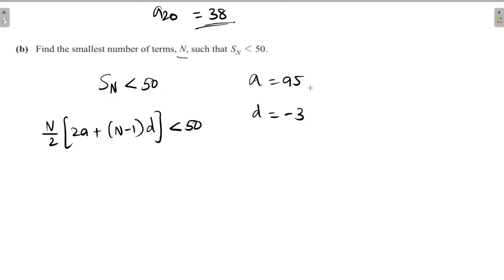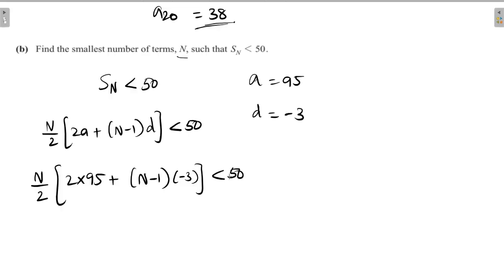Now we can replace the values of a and d. So n by 2 times 2 times 95, which is 190, minus 3n plus 3, which is less than 50.